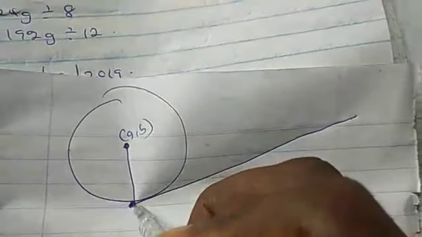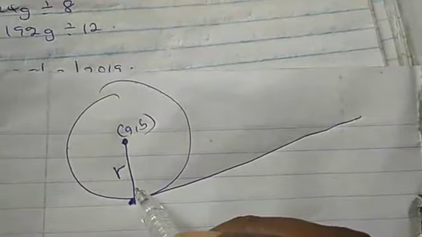Let's consider another important concept. Look at this circle. This is a circle. This is the point of contact of a tangent line. Let's have a tangent line here. This is the center of the circle. Let's say the center of the circle is point A, B. We know that this is the radius of the circle.